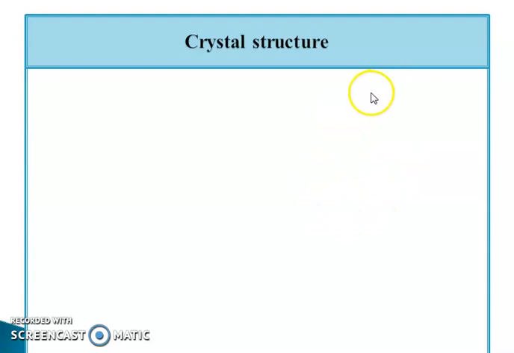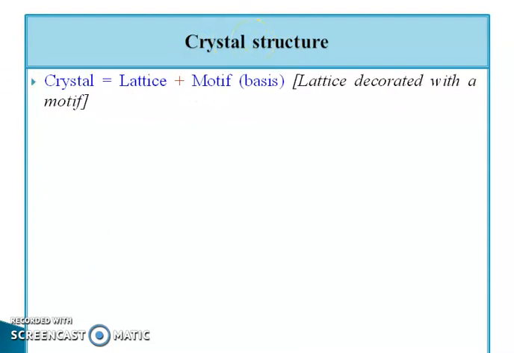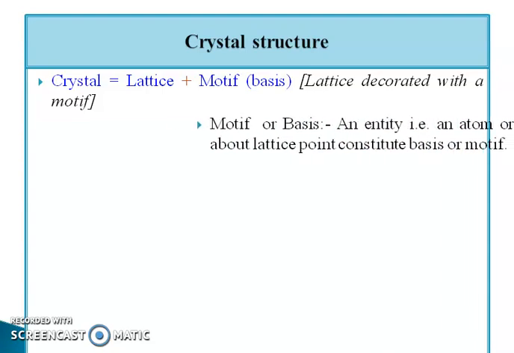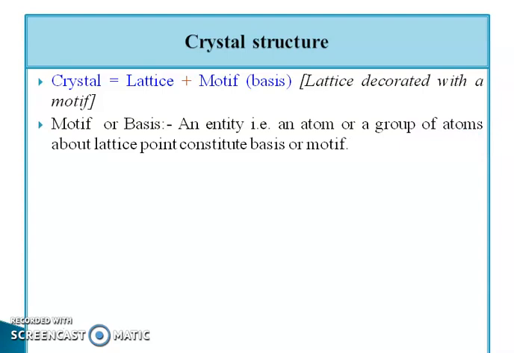Next is crystal structure. To understand crystal structure, the definition for crystal is that crystal is lattice plus basis, or we can say lattice decorated with a basis or motif is called a crystal. Now what is basis? Basis is an atom or a group of atoms about a lattice point that constitutes the basis or motif.